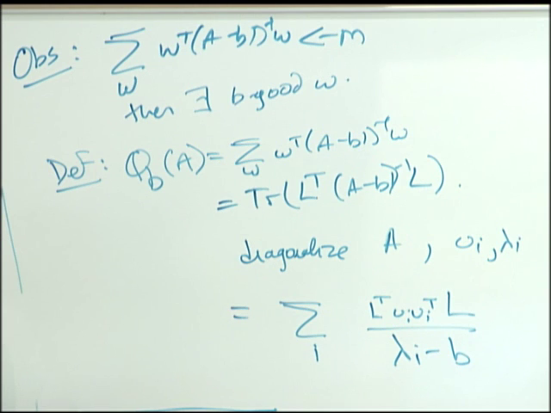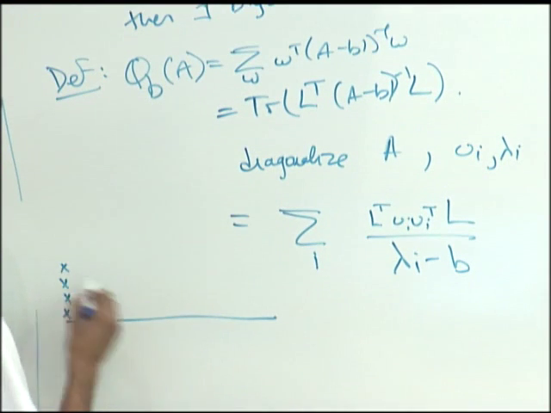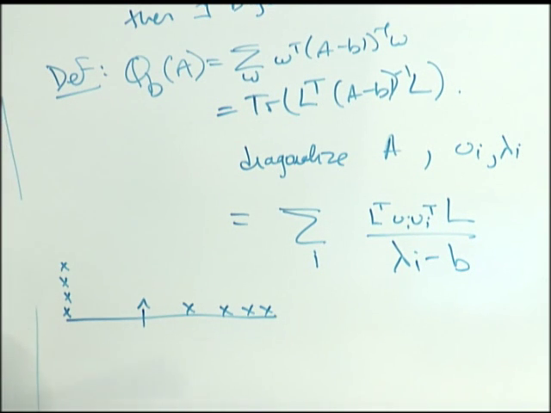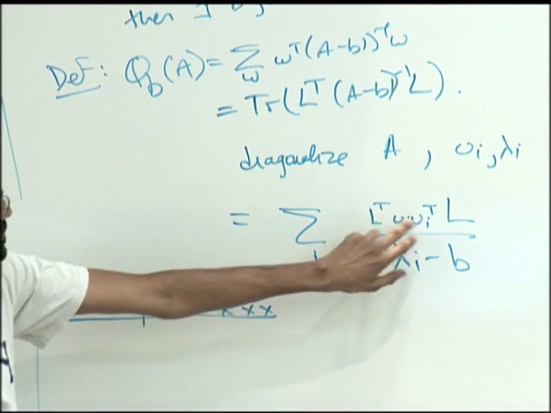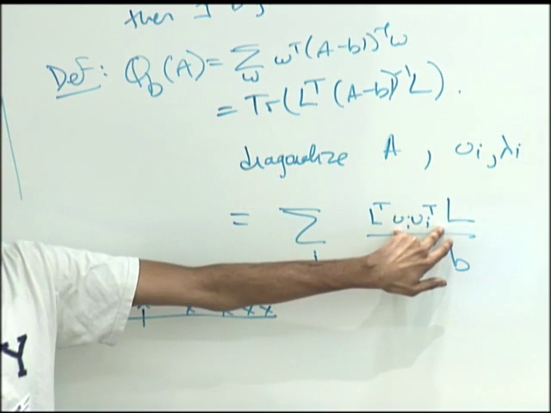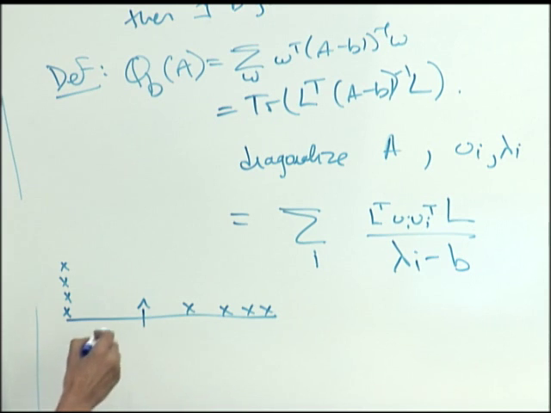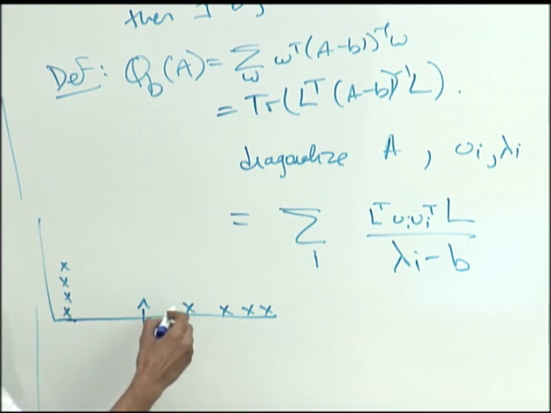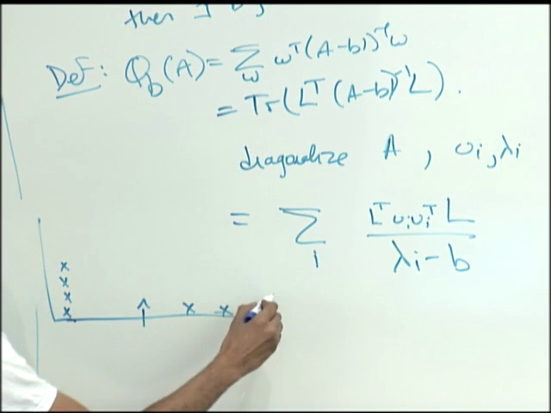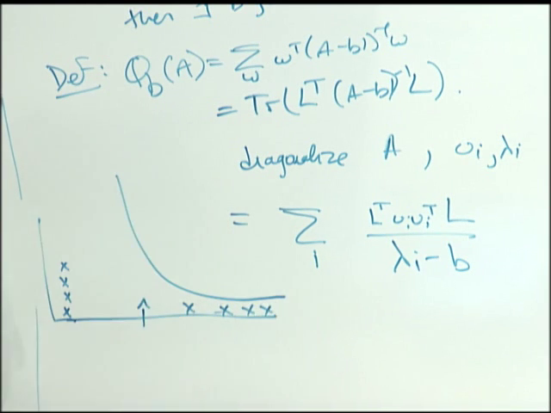Suppose this is the real line, and A has some zero eigenvalues, and there's some B, and it has some positive eigenvalues. The numerator here is just a projection of my matrix L in the direction of some eigenvector, but the coefficient of that eigenvector varies as follows. For the lambda_i that are non-zero, that are bigger than B, their contribution is 1 over lambda_i minus B. So if these are very close to this barrier, they have a huge positive contribution.